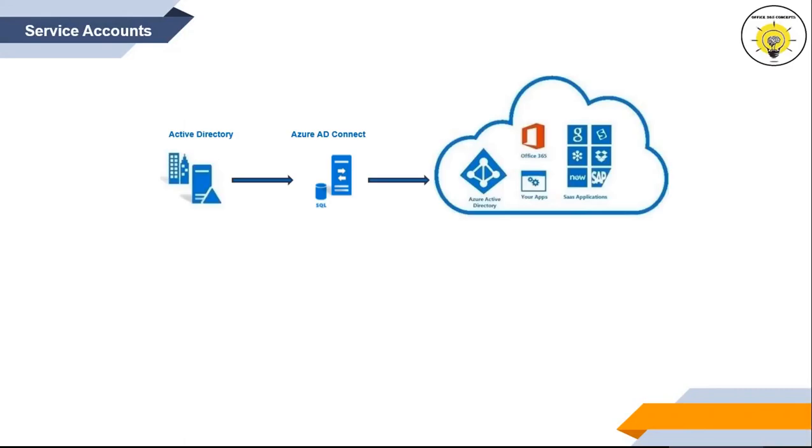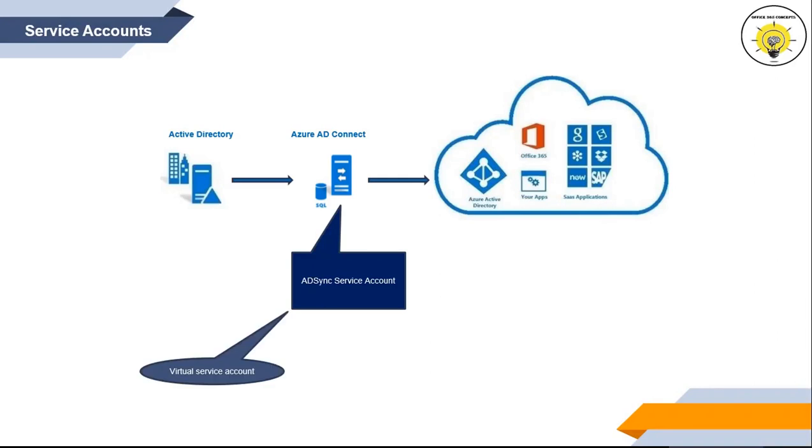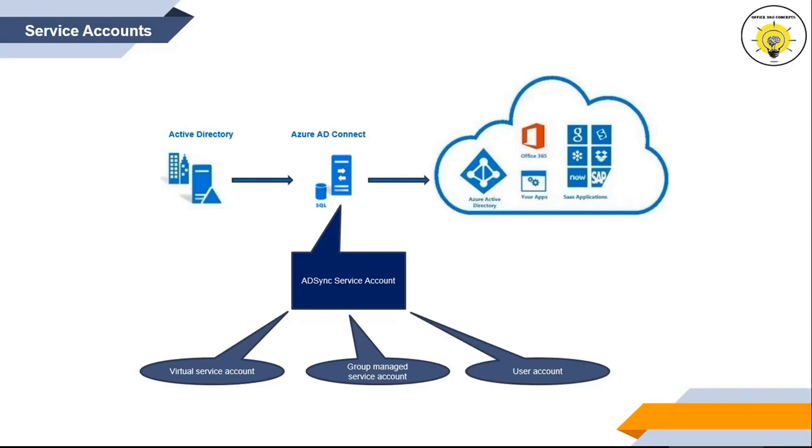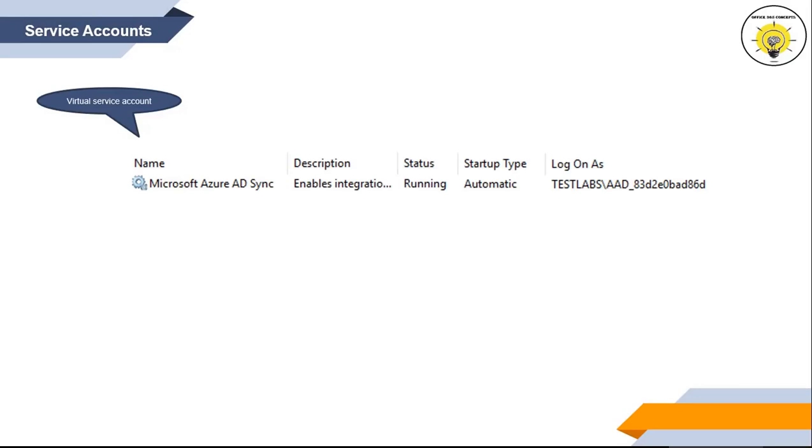The next service account that Azure AD Connect creates is ADsync service account. ADsync service account is categorized in three accounts: virtual service account, group managed service account, and user account. Virtual service account does not have a password and is managed by Windows. Virtual service account is used in those scenarios where Azure AD Connect and SQL Server are deployed on the same server.